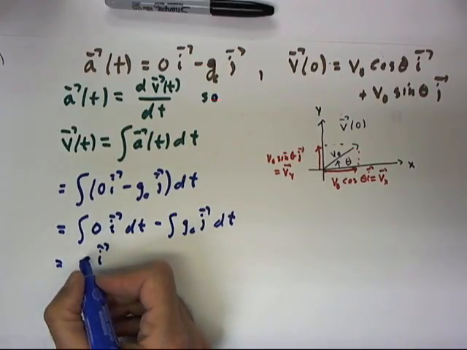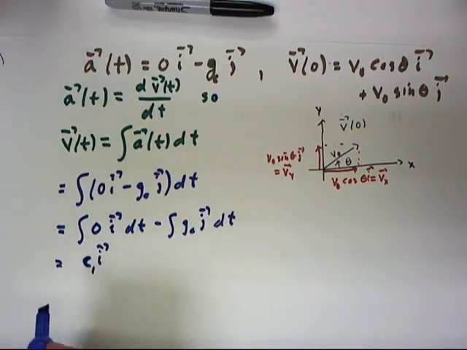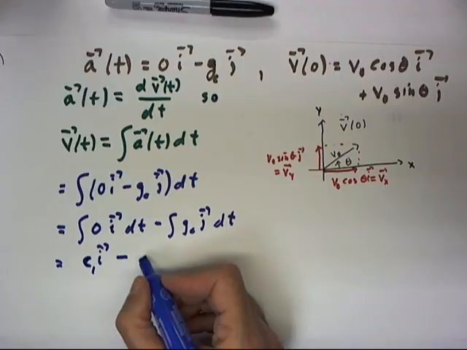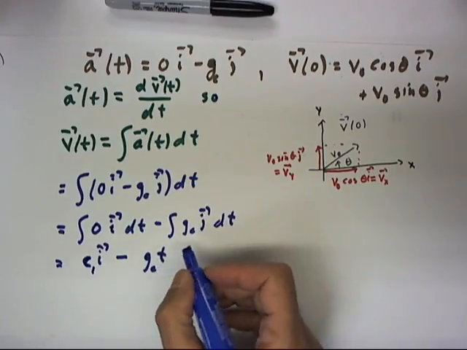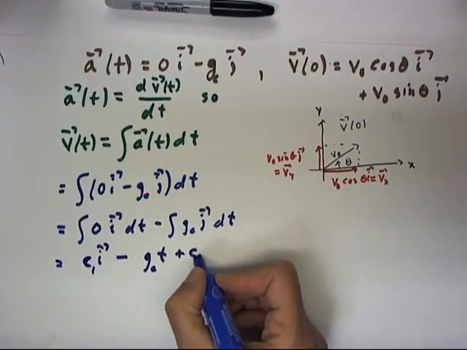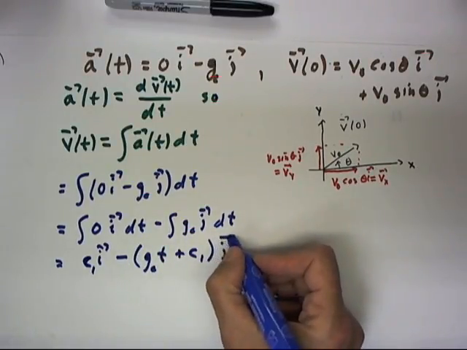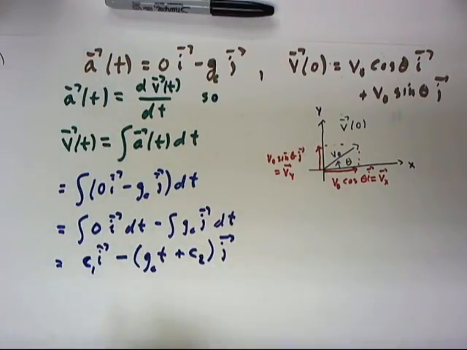Let's call it c1. c1 i, and an antiderivative of g sub c would be g sub c t plus c1, integration constant, times, call that c2, times j.